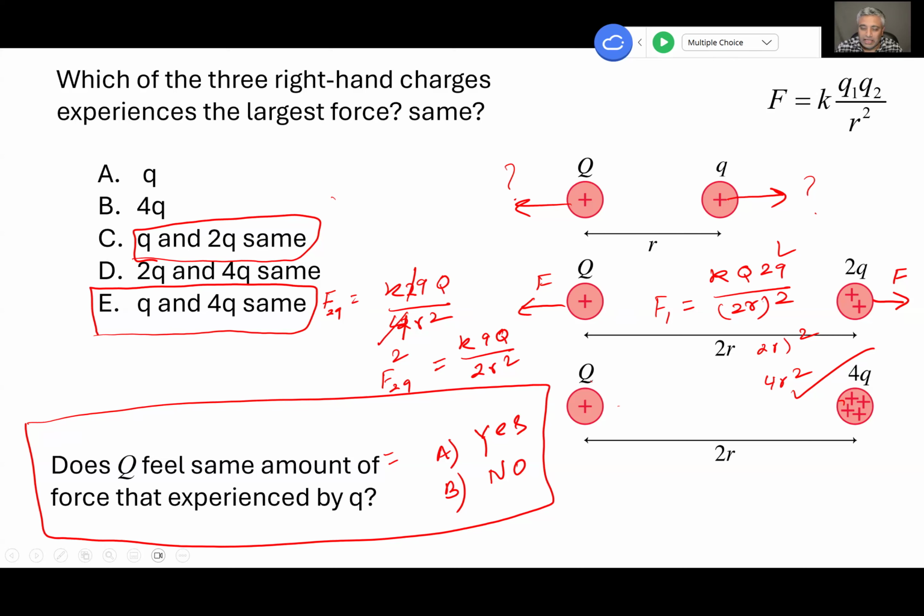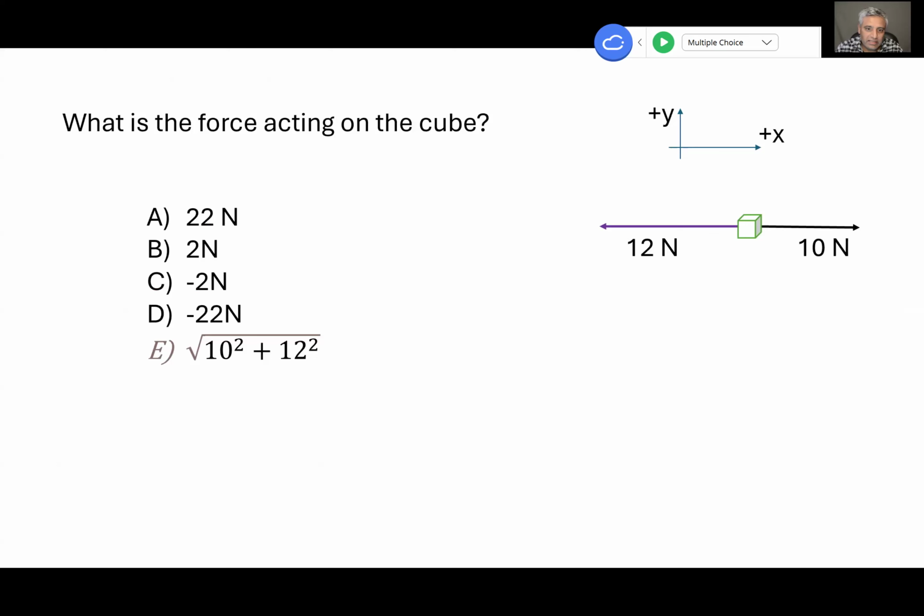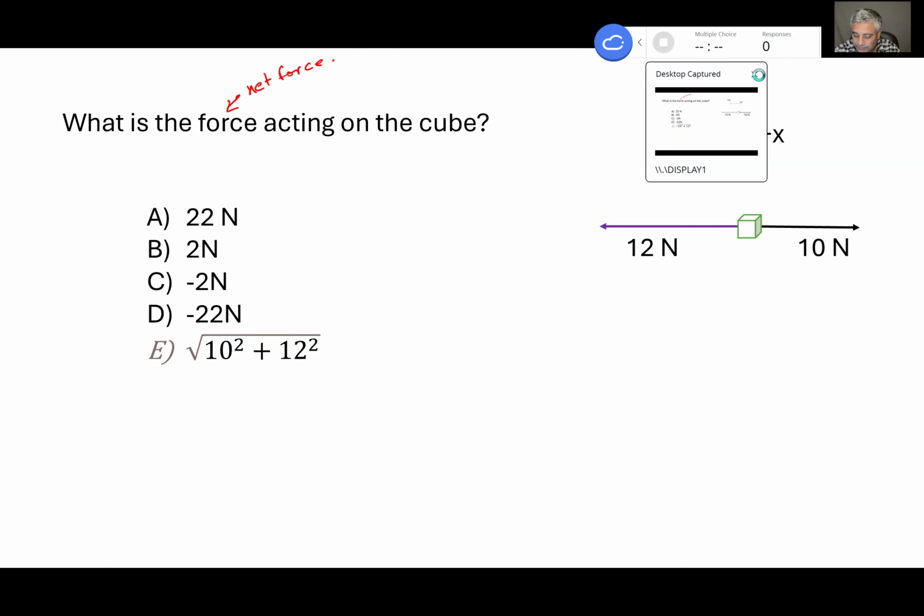Okay, so now let's go back to physics 1, vector thingy, adding two vectors. One is acting to the left, another one is acting to the right on the same object. What is the force acting on the cube? Force or net force? Same thing. Okay, so that's the question. And you have 2 minutes.